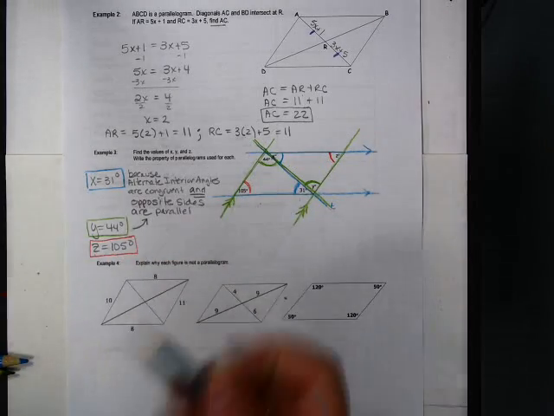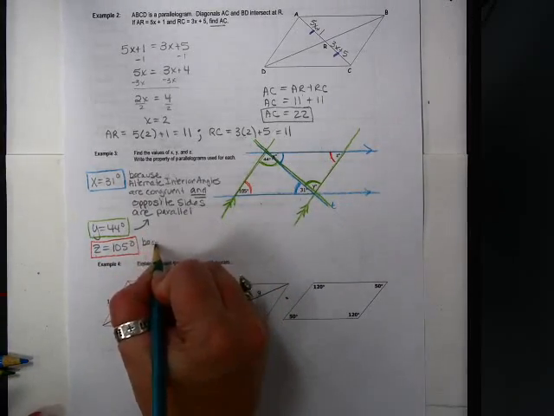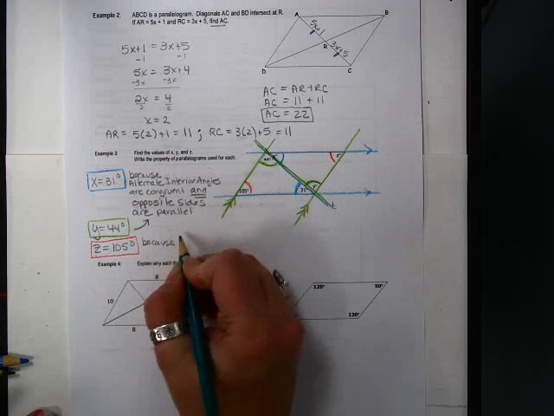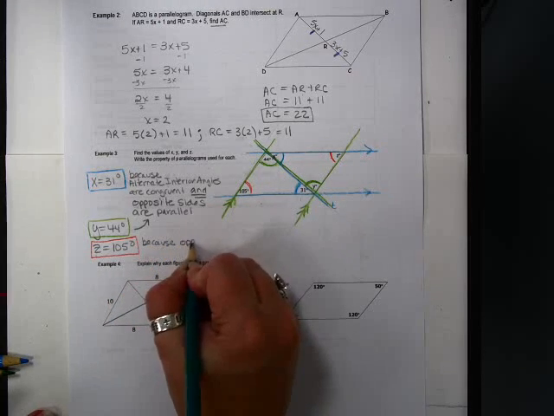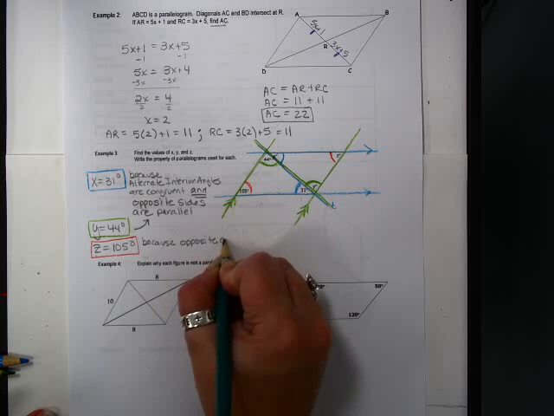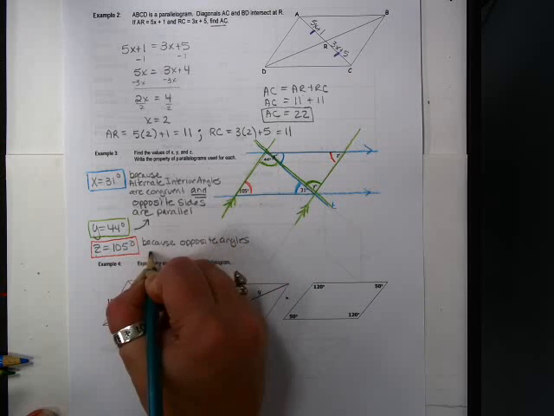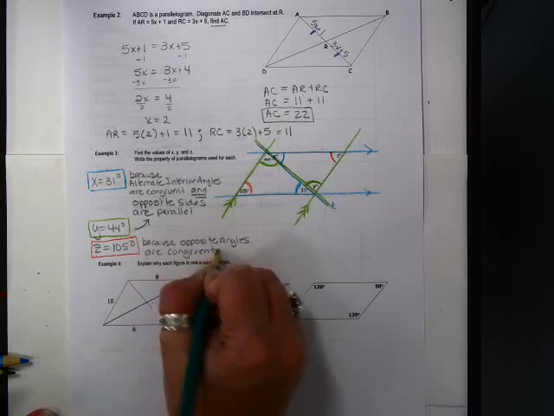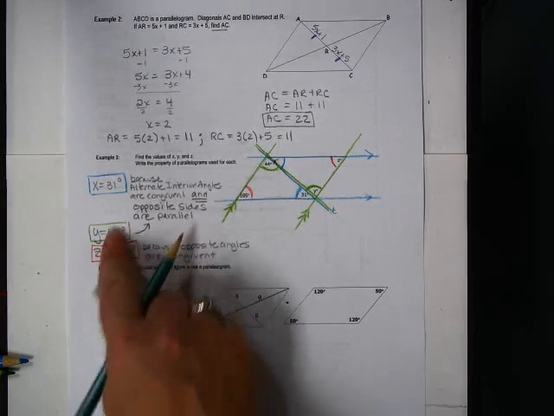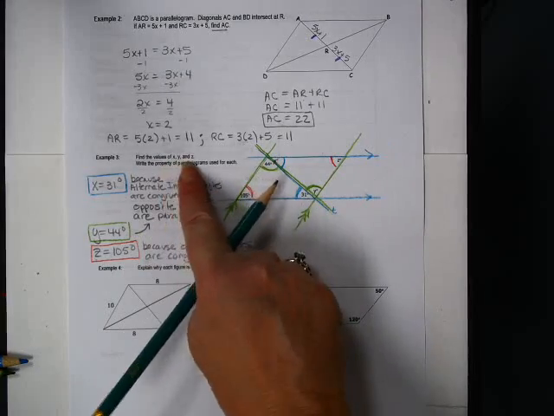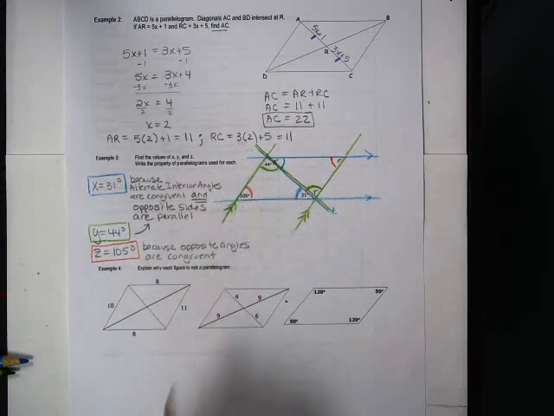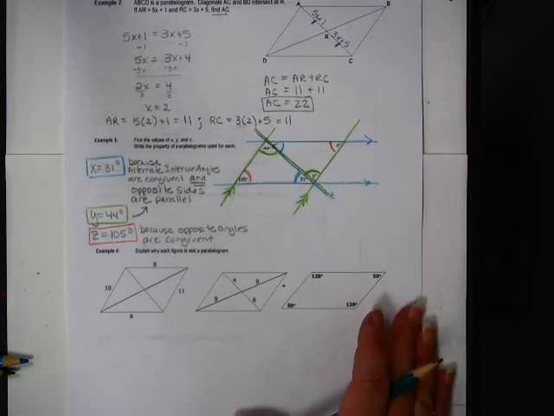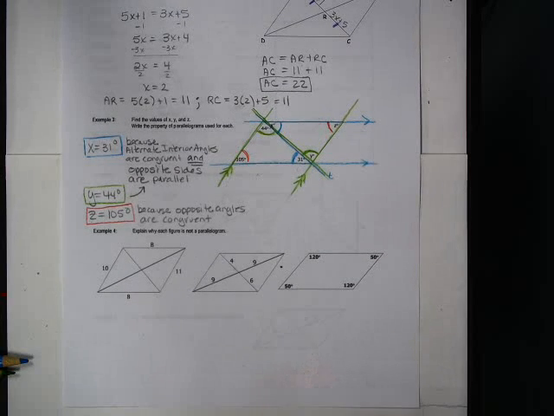And I know this because opposite angles are congruent. And you're done. So you found the missing variables and you have listed the properties of parallelograms. Next example.